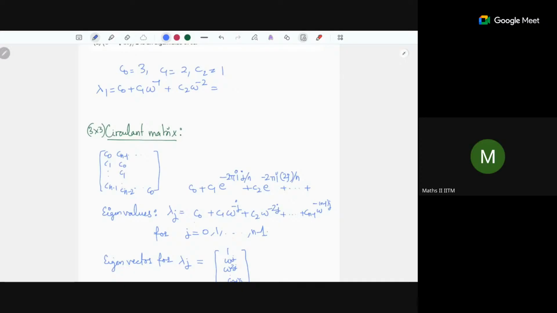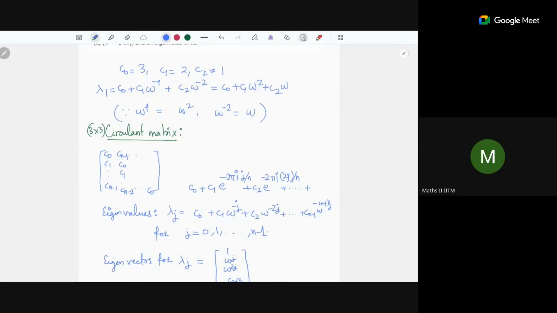Okay, so what is omega inverse? Omega inverse, you can multiply omega cube to it, you will get omega square. So omega inverse is nothing but omega square. Similarly, omega to the power -2 is equal to omega. All right, so what will you get? You will get C0 plus C1 omega square plus C2 omega.